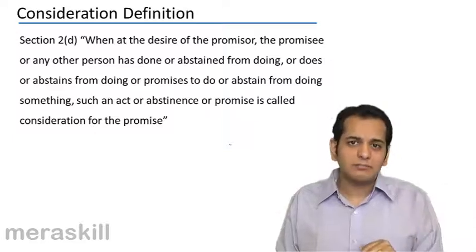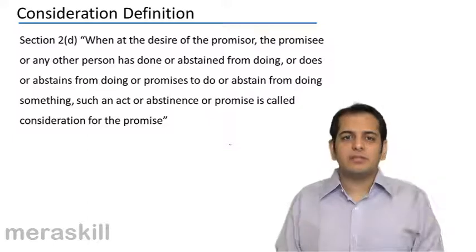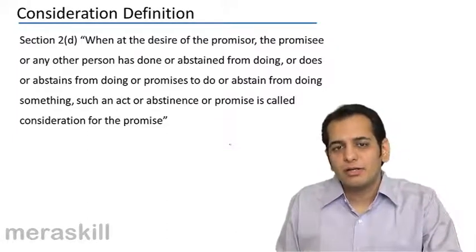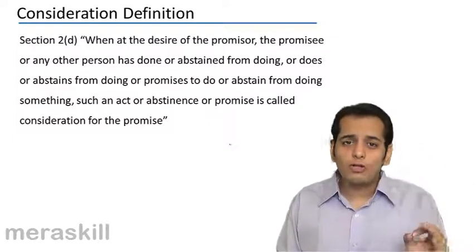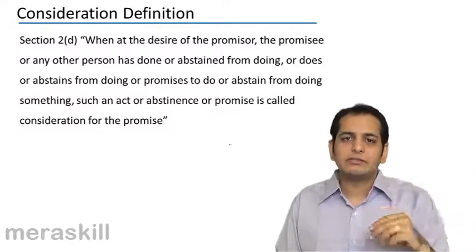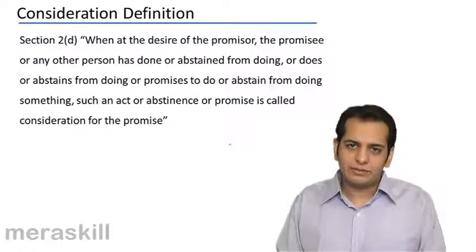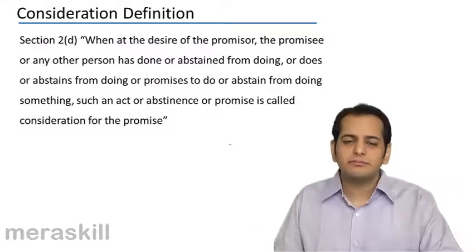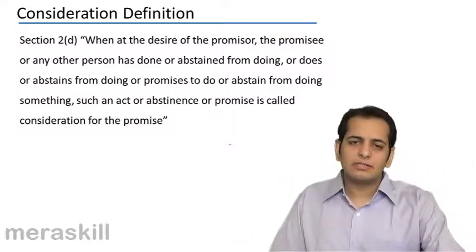At the same time, the shopkeeper is again giving something, and what he is getting in return is consideration for him. And what is he getting? He is getting 10 rupees. So in all contracts, both the parties give something and in return get something. So what they get is consideration for them. So this is how generally we try to explain consideration.